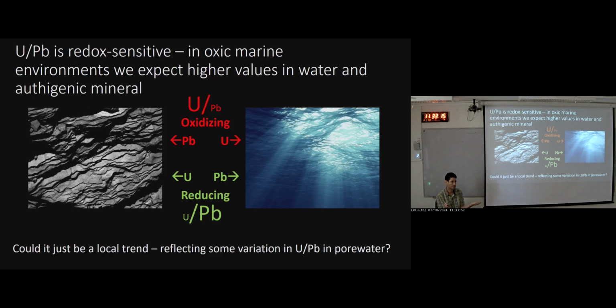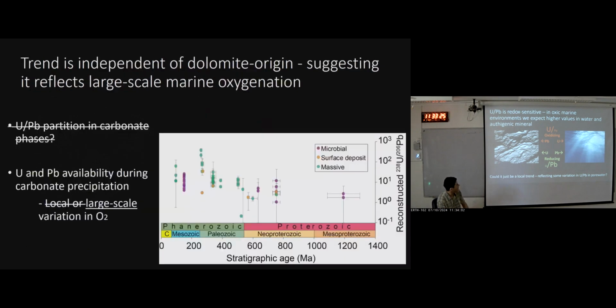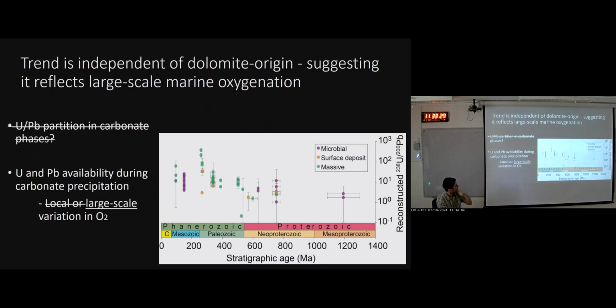So maybe this just reflects the formation of these precursor minerals at different locations in a sediment profile. To answer this question, what we did here is color code the dolomites by their origin: microbial, or surface deposit, or massive.